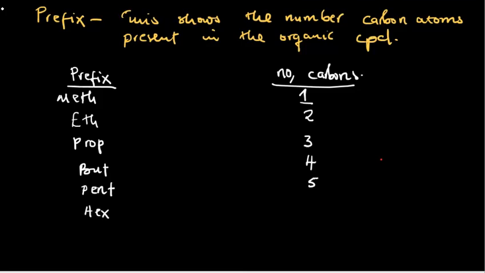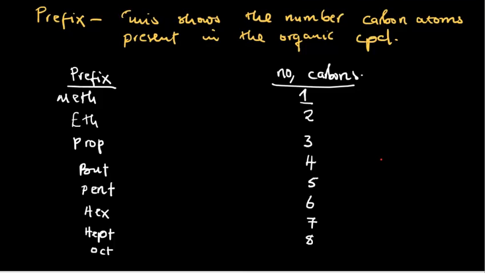A name that starts with hex has six carbon atoms. Then a name starting with hept has seven carbon atoms. So these, please master them. And then we also have oct, which means eight carbon atoms.